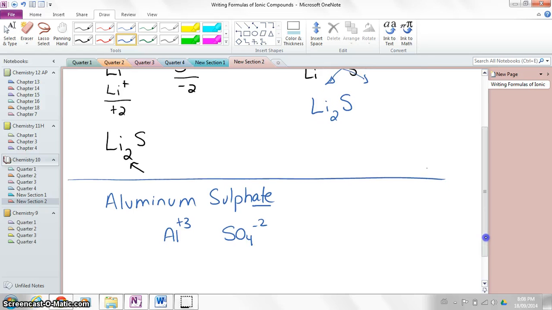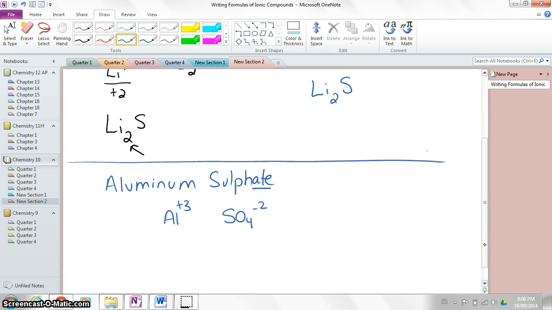So we've got to figure out how many ions we need of each in order for the charges to cancel out. What number do 2 and 3 go into? The lowest is 6. So if I had 2 aluminums, that would give me a +6. And how many sulfates would I need to get a -6? 3 of them.